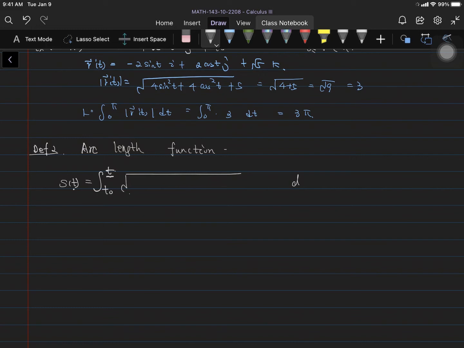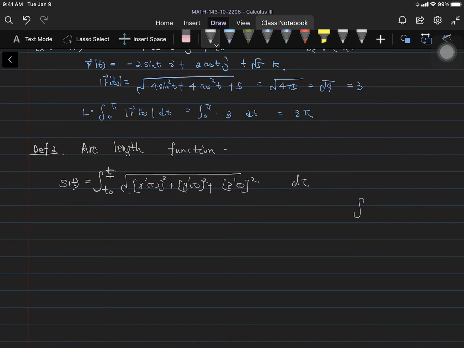You can use any one. Here we use tau, d tau. And here is also the same thing: x prime tau squared, y prime tau squared, z prime tau squared.